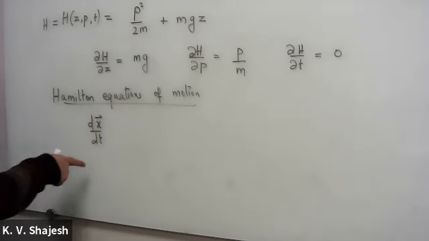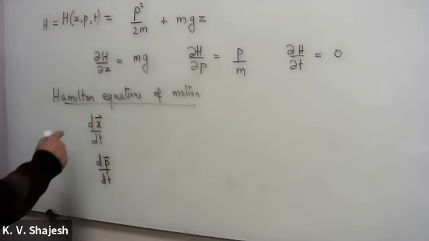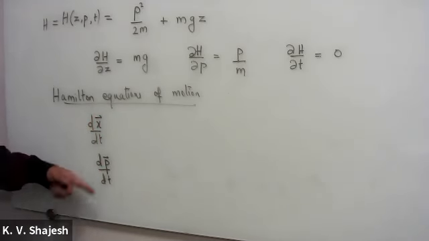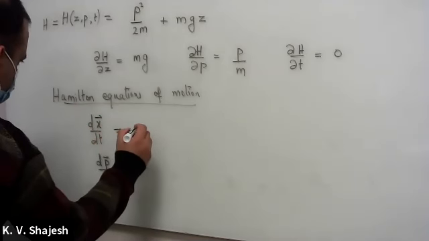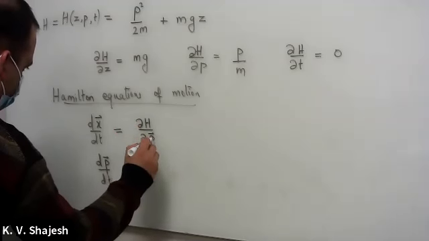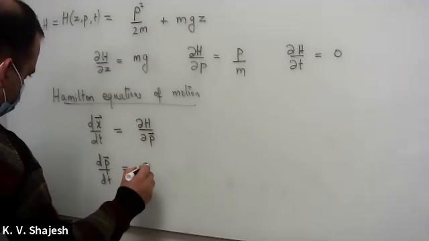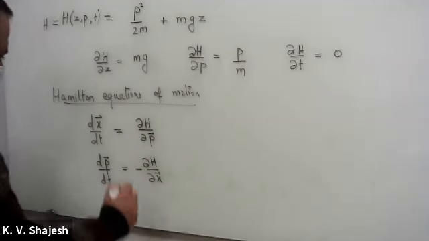So this is if you want the velocity, and this is your force. How does the position change with time? How does the momentum change with time? The Hamiltonian depends only on x and p. And always this is equal to the partial derivative of the Hamiltonian with respect to the momentum. And this is equal to the partial derivative of the Hamiltonian with respect to the position, but with a negative sign.